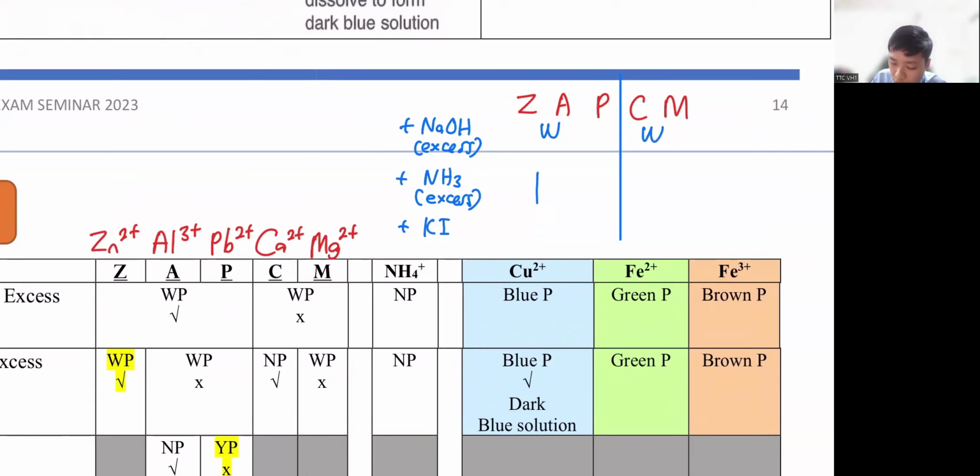Then you split the Z, A and P, and you add another W. After that, you split the C and M. You add NW. Then you split the A and P finally, then you get N, Y.